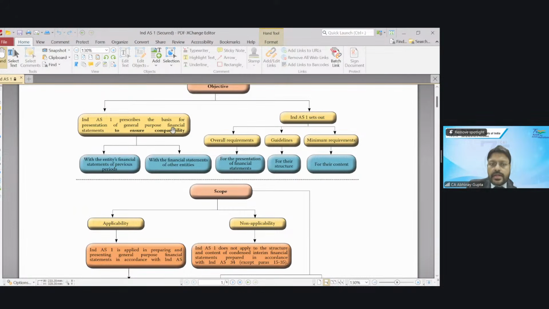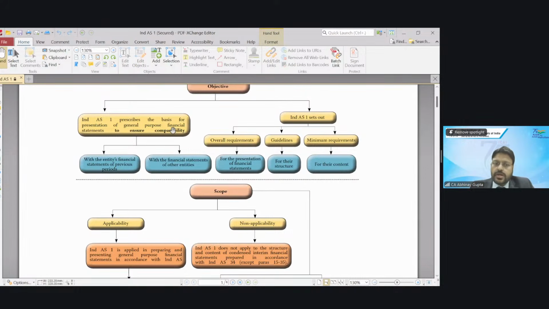So Ind AS 1 says that you need to prepare the entity's financial statements for the current year along with the comparative numbers for the previous year, right? So it ensures the comparability within the same entity across the different years. You must already have been preparing the Ind AS financials, so you must always be presenting the numbers for the current year as well as for the previous year.